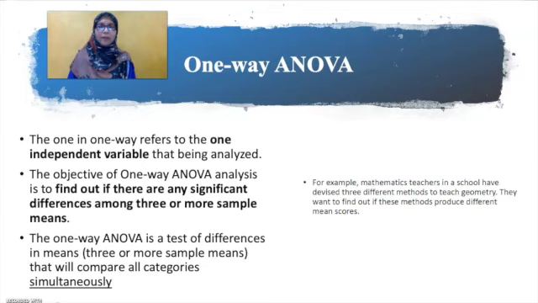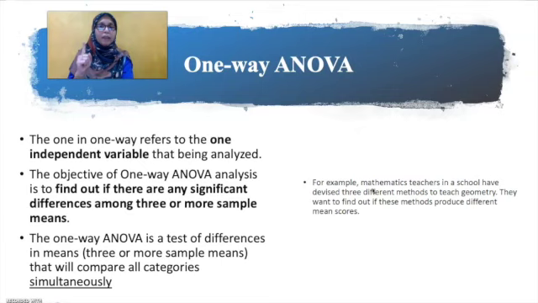Let's look at one example. For example, mathematics teachers in a school have devised 3 different methods to teach geometry. They want to find out if these methods produce different mean scores. You can see that the three different methods refer to the independent variable.